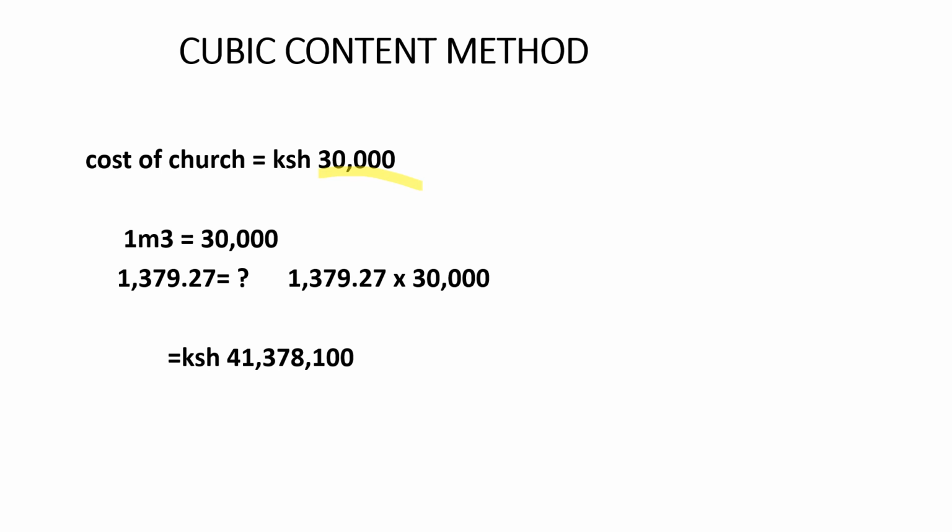That gives us 41,378,100. Now this is the cost of that church according to the plan and in accordance to the existing project, which was costing 30,000.